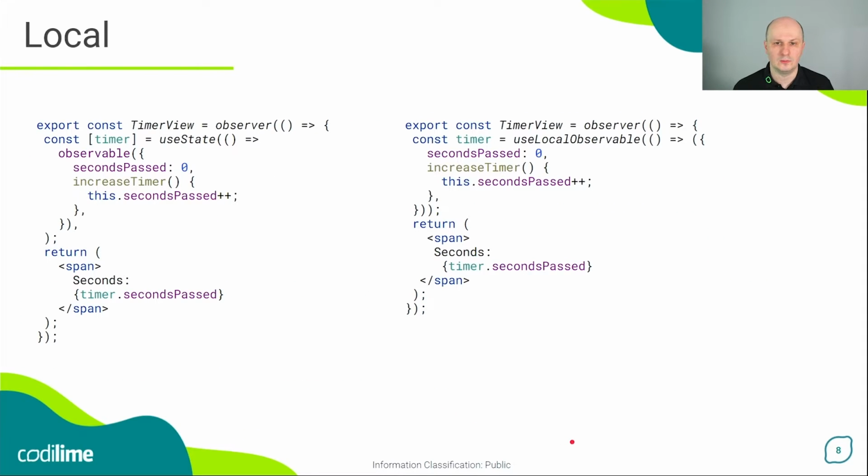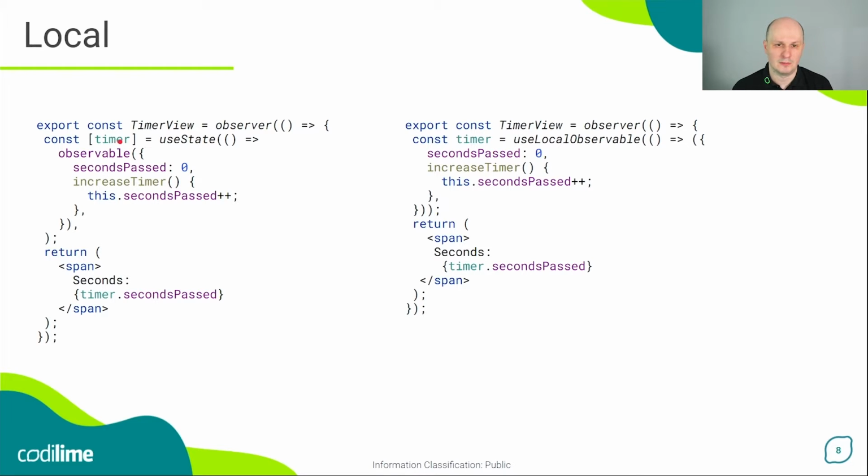And what does the MobX documentation suggest for constructing each of these? The local state can be constructed by useState and the observable helper from MobX.